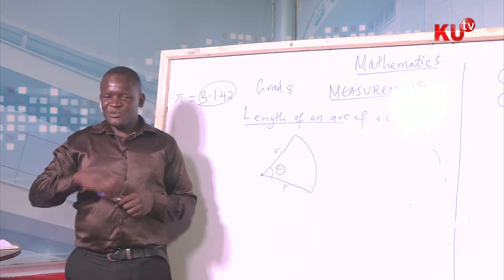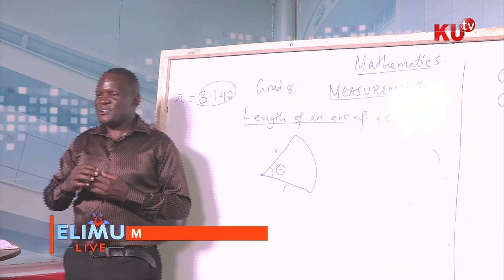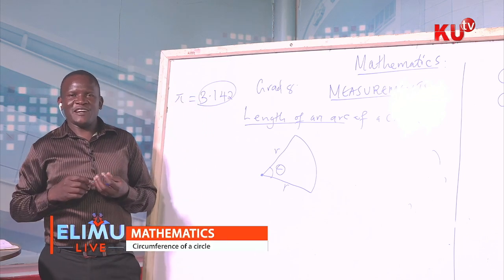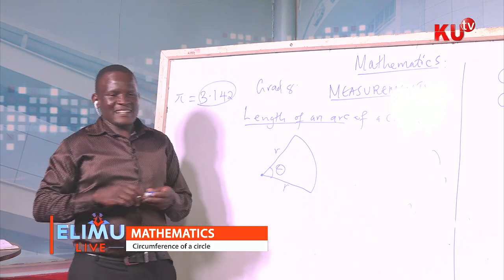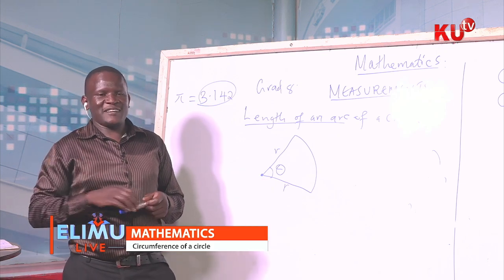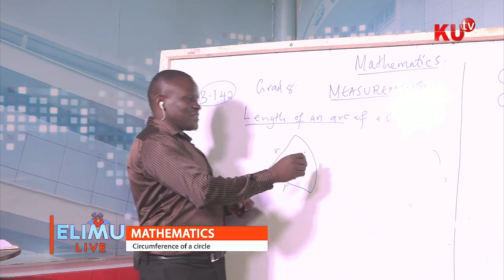How then do we go about such problem whenever you are asked to find the circumference? So when you are given the arc and you are asked to find the circumference, this is what you are going to do.